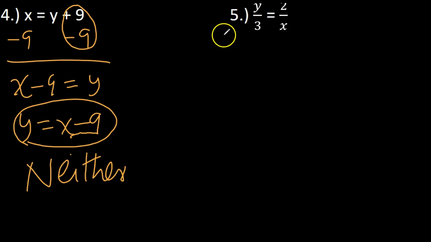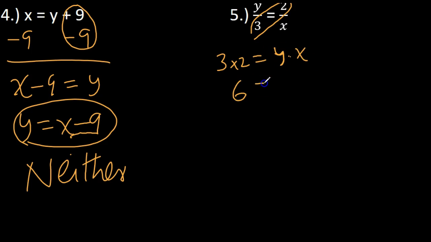Okay, moving on. Here we have y over 3 equals 2 over x. Any way you like, you can solve this equation for y. Since y is divided by 3, we can multiply both sides by 3, or we can cross multiply, since there are two fractions. So we get 3 times 2 equals y times x.